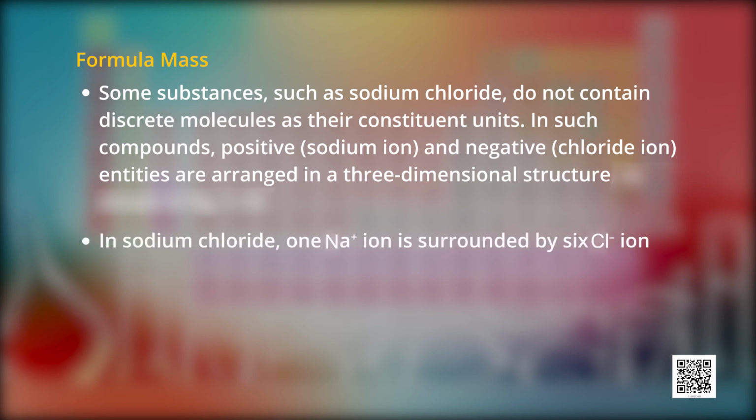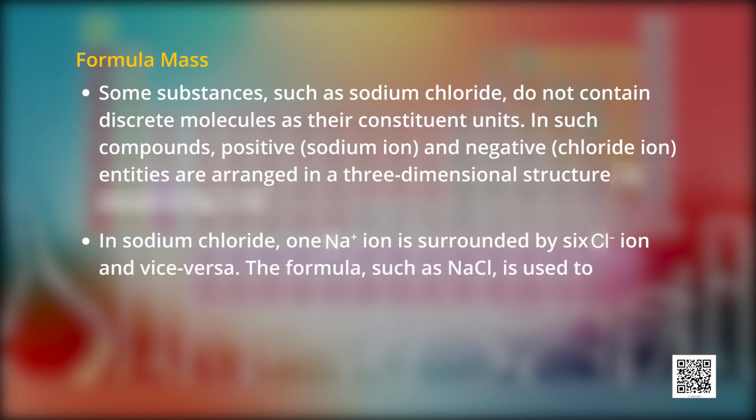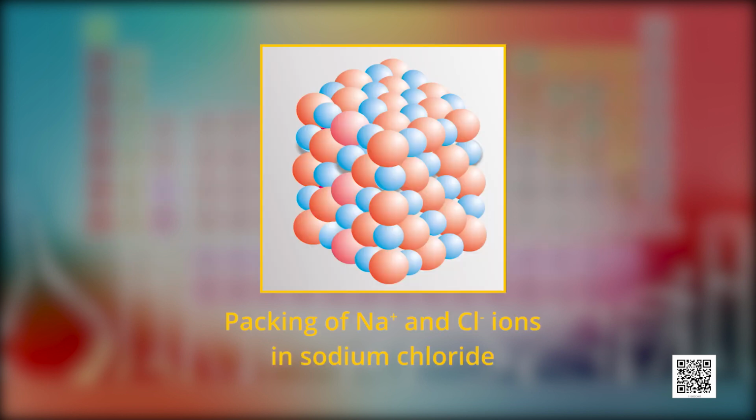In sodium chloride, one sodium ion is surrounded by 6 chloride ions, and one chloride ion is surrounded by 6 sodium ions. The formula, such as NaCl, is used to calculate the formula mass instead of molecular mass, as in the solid state, sodium chloride does not exist as a single entity.